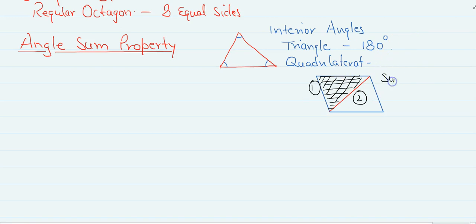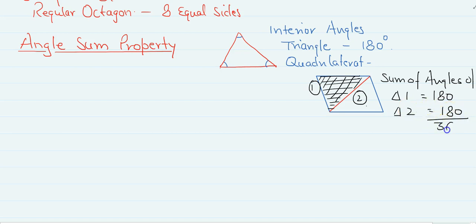The sum of all angles of each triangle is 180 degrees, so the total is 360 degrees. So the sum of all angles of the quadrilateral is 360 degrees because it has two triangles.